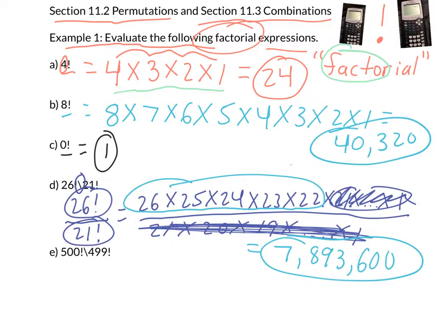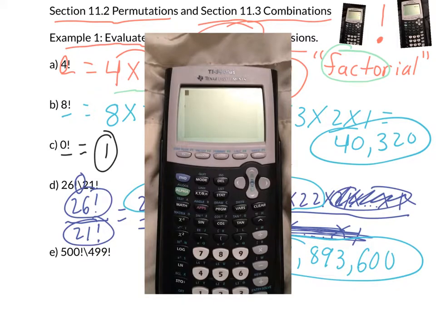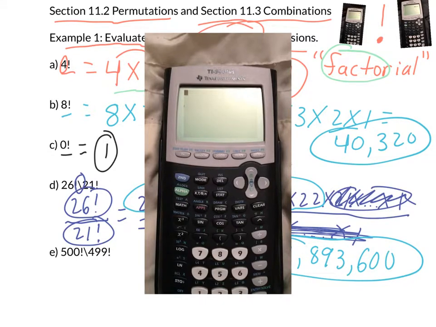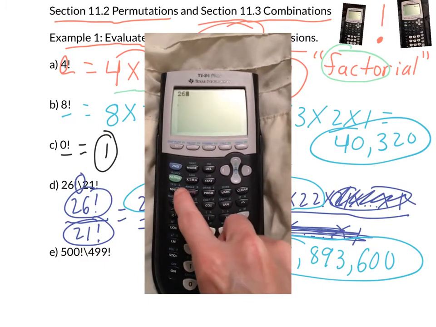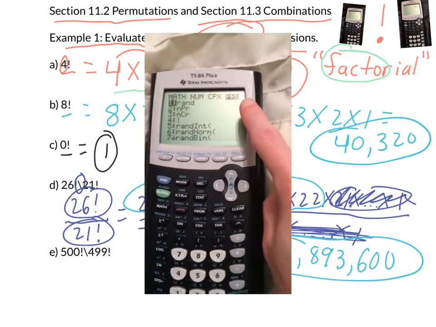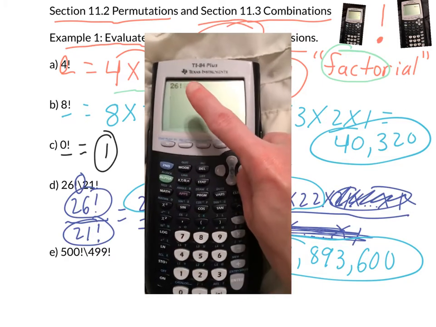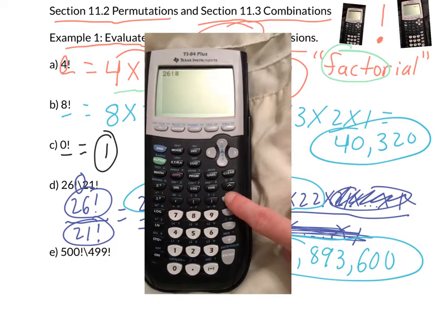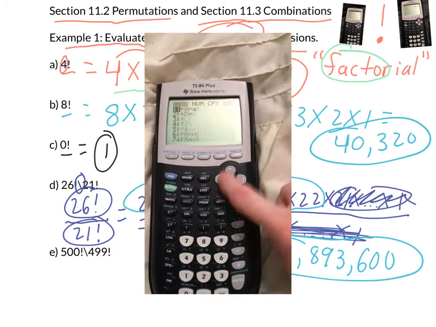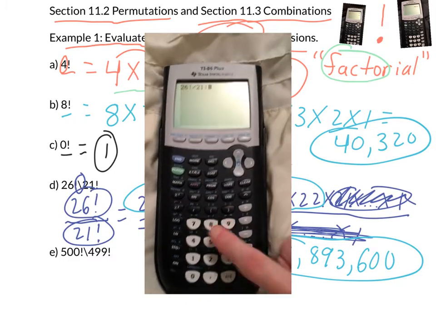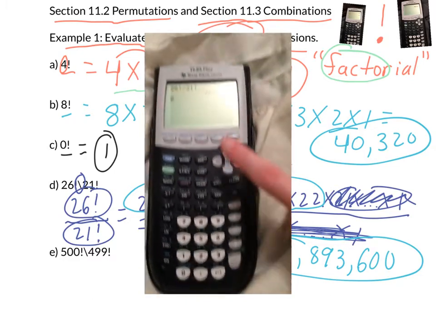Please be aware that it has to be typed in as one line to get the answer in the graphing calculator. Typing it in, so we had 26 factorial, so math button, left arrow to PRB, option 4, fraction bar just means divide, so I hit the division button, 21, math, PRB, option 4 again, enter for equals.